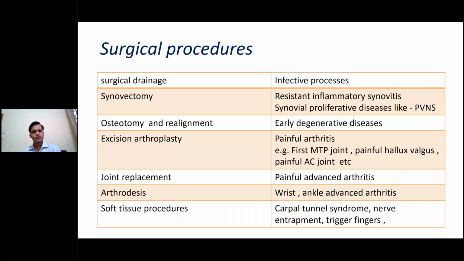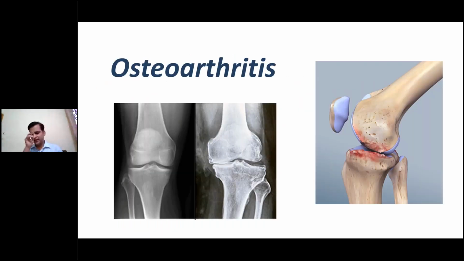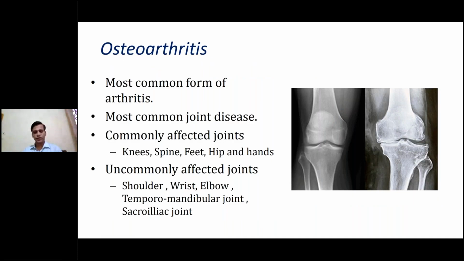And these X-rays show shoulder, TM joint, sacroiliac joint affected by osteoarthritis.